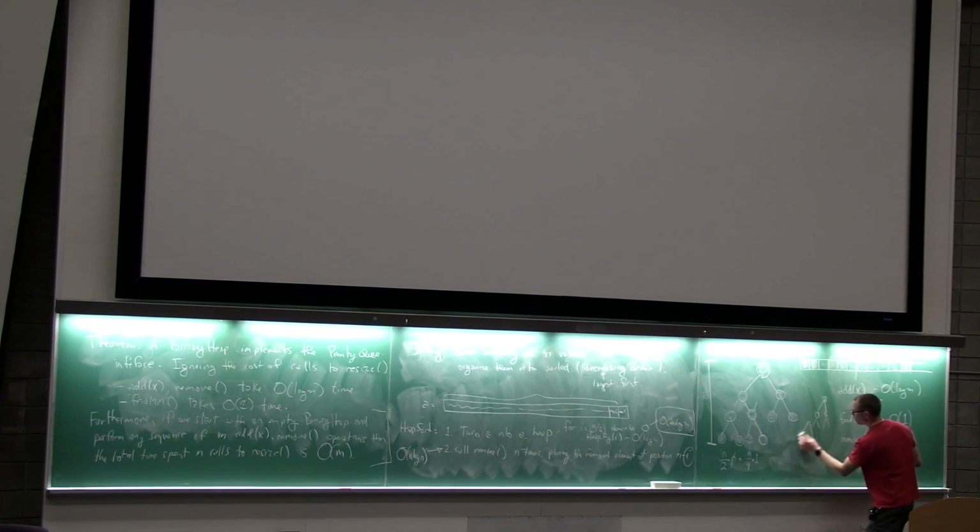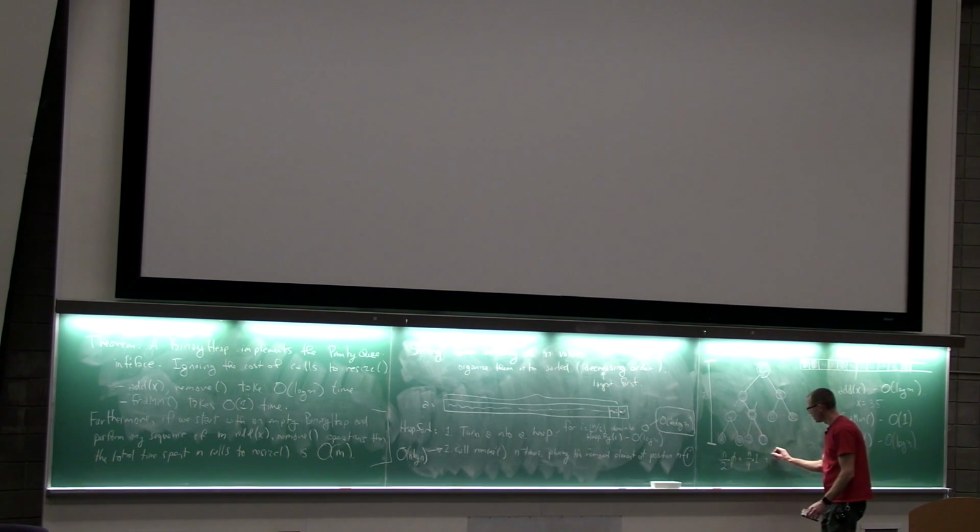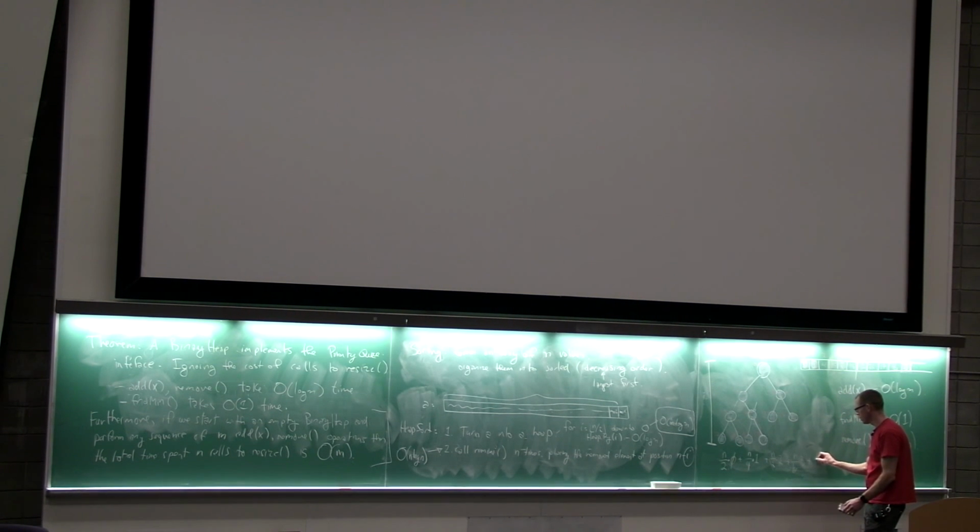So if we add up the cost of heapify, it's 0 times n over 2 plus 1 times n over 4 plus 2 times n over 8 plus 3 times n over 16 plus, and so on.